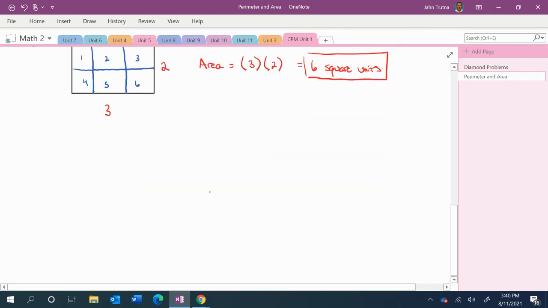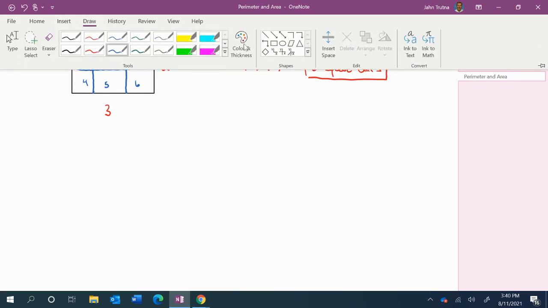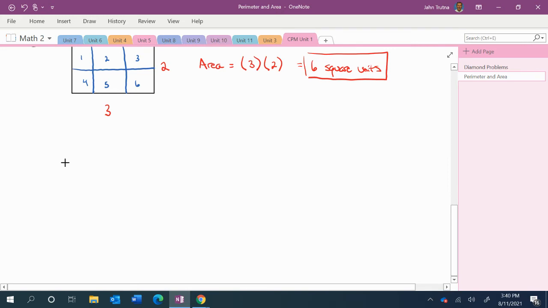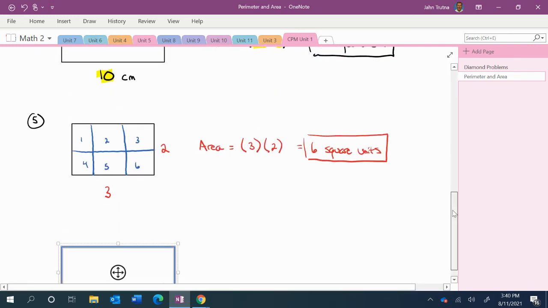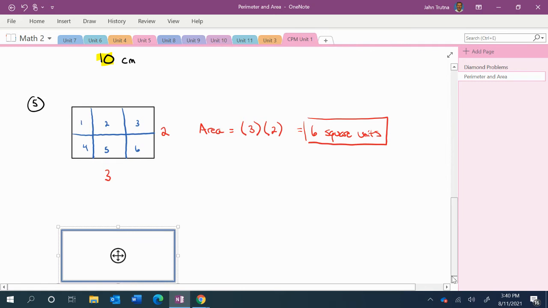Now, let's make this a little bit more involved in dealing with the area of rectangles. So let's say that I have a rectangle, just like that, and this is going to be example number 6.